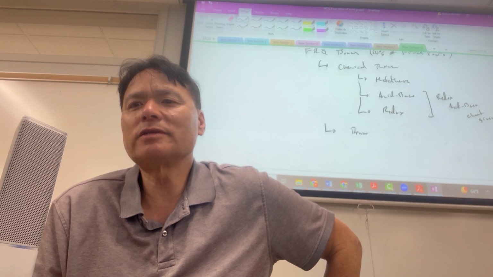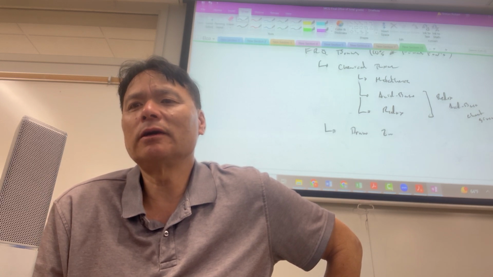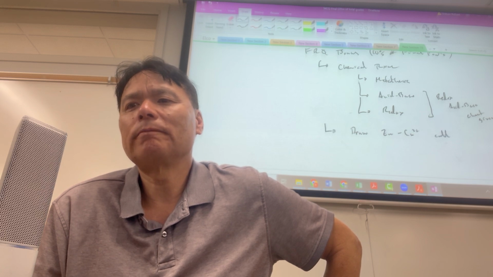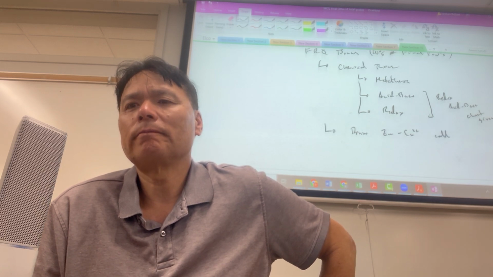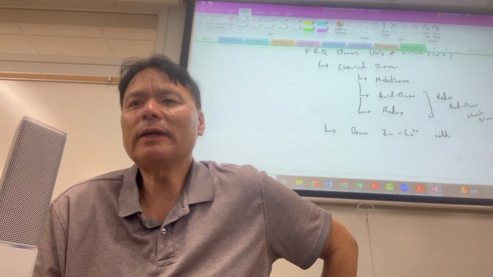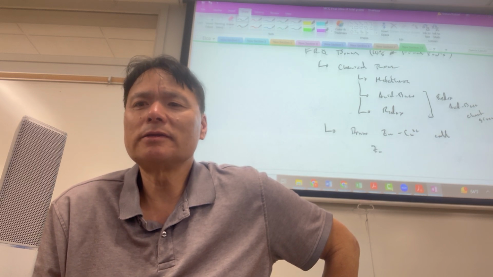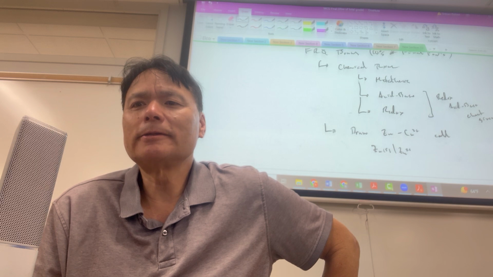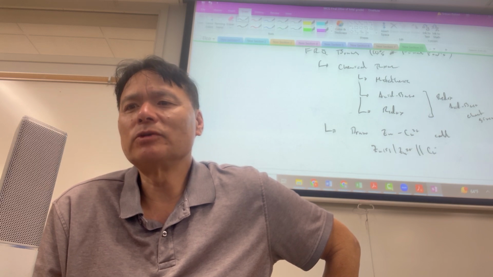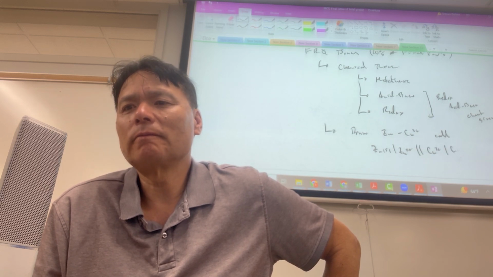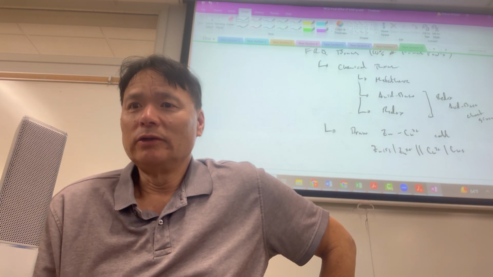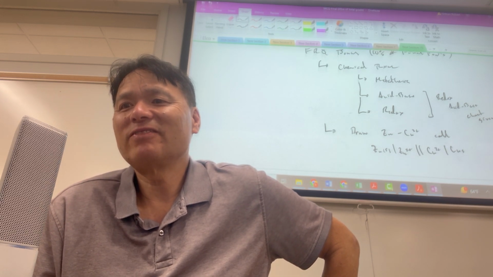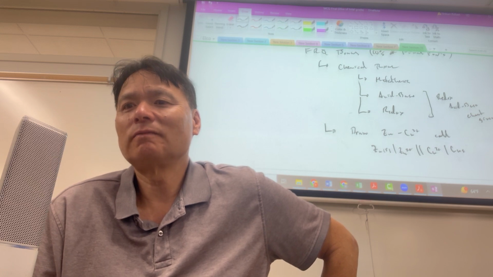Draw, for example, the zinc copper cell. I might give you a cell diagram like this: Zn solid to Zn2 plus, copper 2 plus to copper solid, under standard conditions. I might ask you to sketch this out.